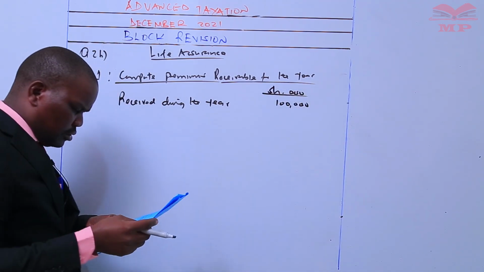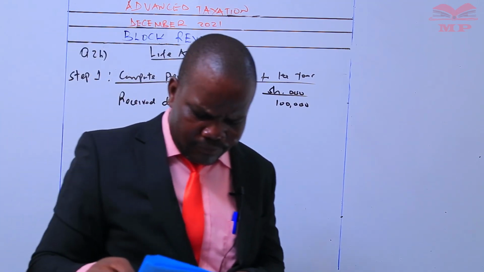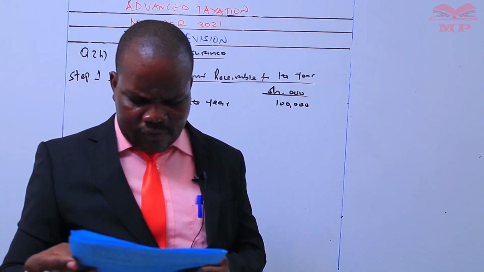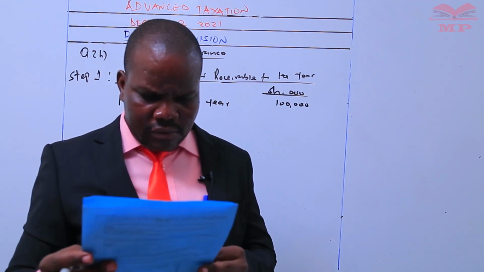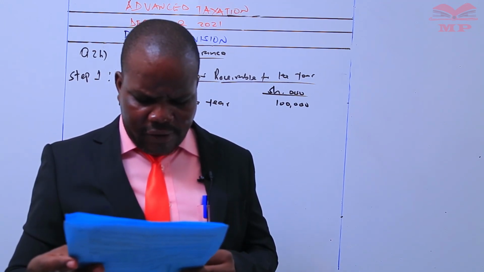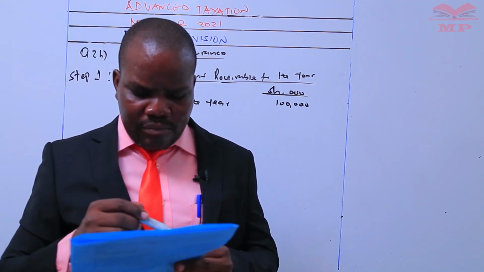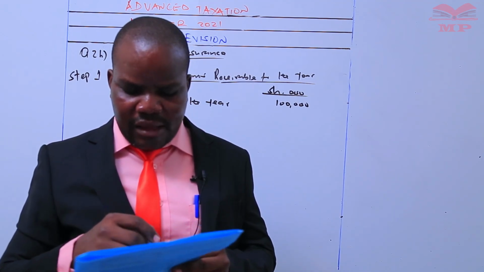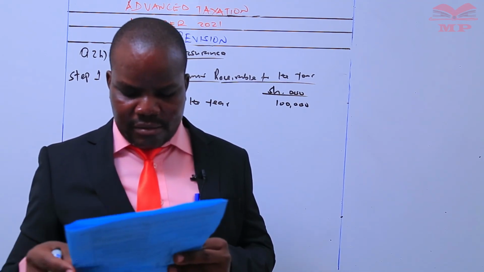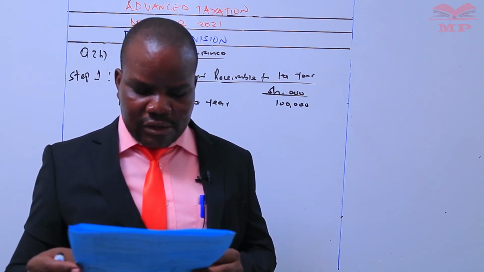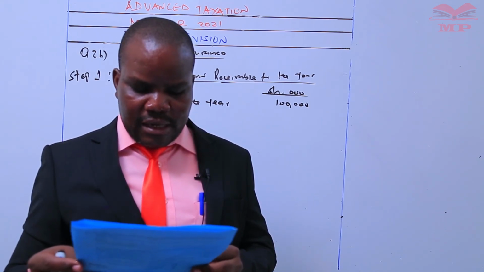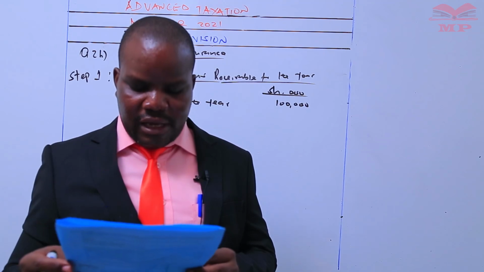Then we come to note 5. It says outstanding premiums in respect of life insurance business were as follows: as at 1st January 2020 of 12 million, and as at 31st December 2020 of 9.2 million.